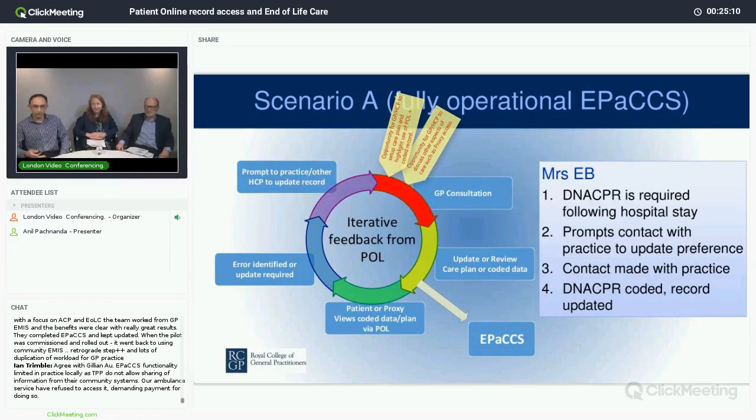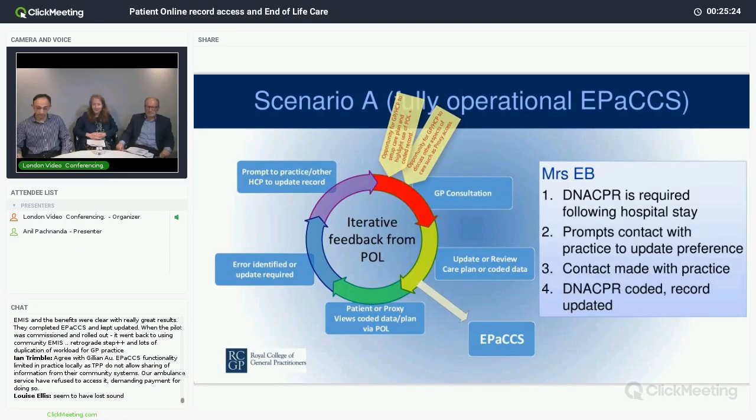So in this case, we'll go back to my feedback cycle. So we know Mrs. EB, there's a DNACPR required following a hospital stay. This prompts contact with the practice because she may have looked at the information online. She may have looked at her own coded information, which will state actually there's no DNACPR on her coded record.